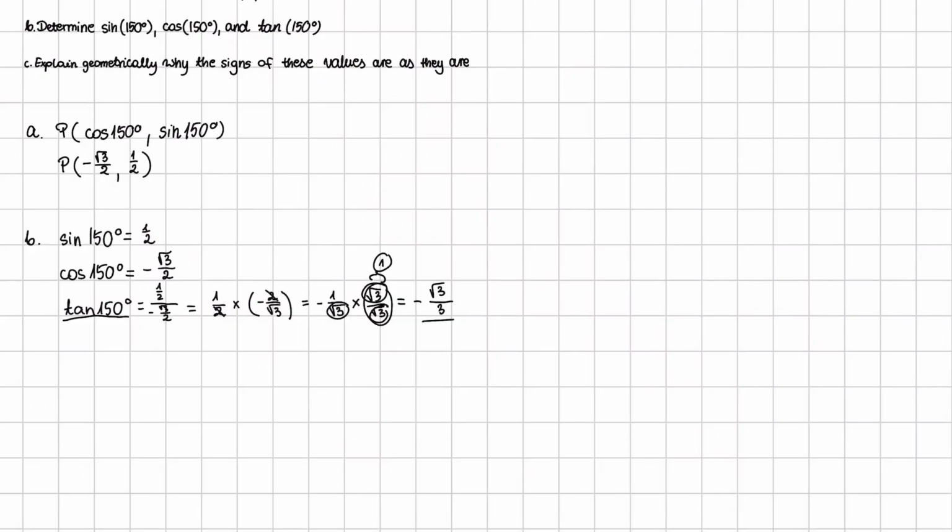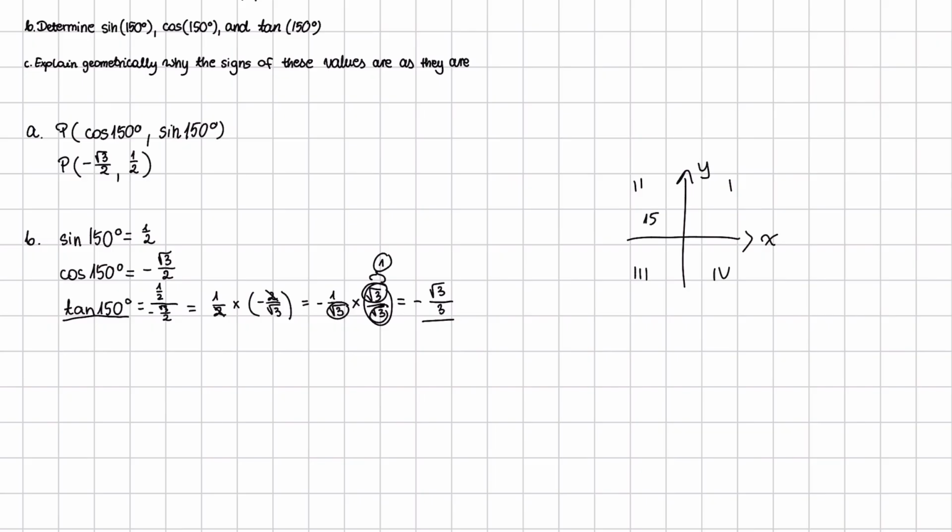And C, explain geometrically why the signs of these values are as they are. So if we were to draw our coordinate system, our 150 will be in the second quadrant. So we can draw something like this. This is y-axis, this is x-axis, our first quadrant, second, third, and fourth.